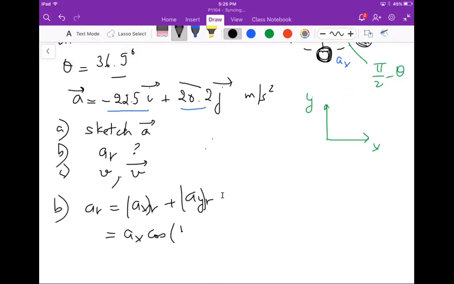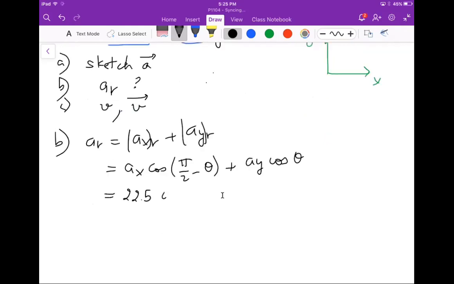We end up with 22.5 cosine of 90 degrees minus 36.9 degrees plus AY, which is 20.2, multiplied by cosine 36.9 degrees. And so this overall gives the value of 29.7 meters per second squared. That's all.